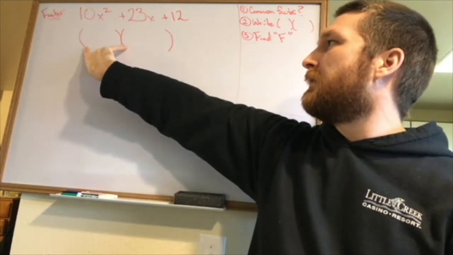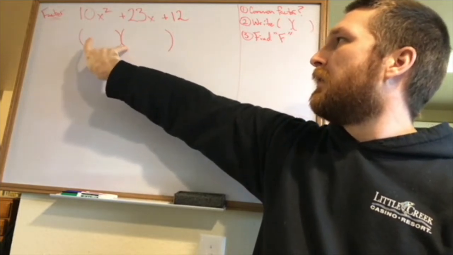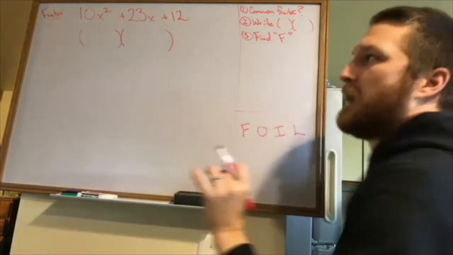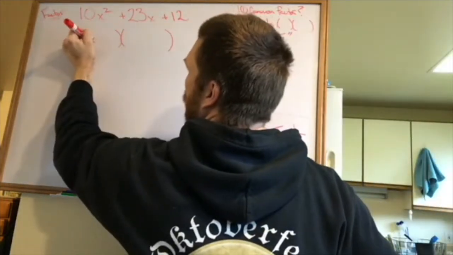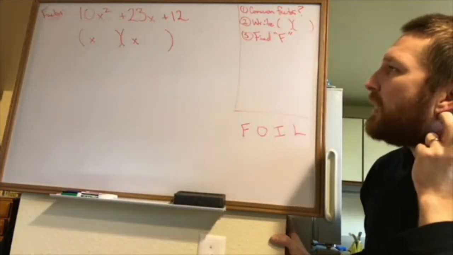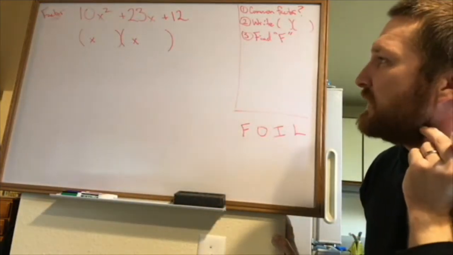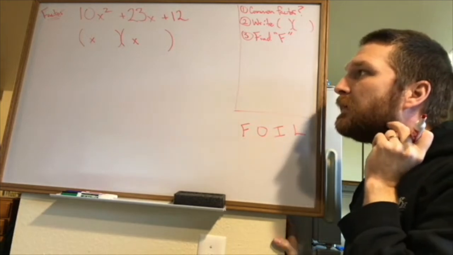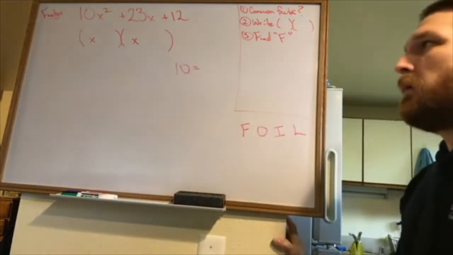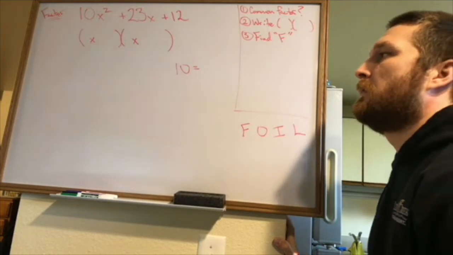Well, it has to have an X. I know that there has to be an X in each one. There's no question about that. Okay, so now, but we do have possibilities because we said 10 can be written in a couple of different ways, right? 10 is equal to what? 1 times 10 or 2 times 5.